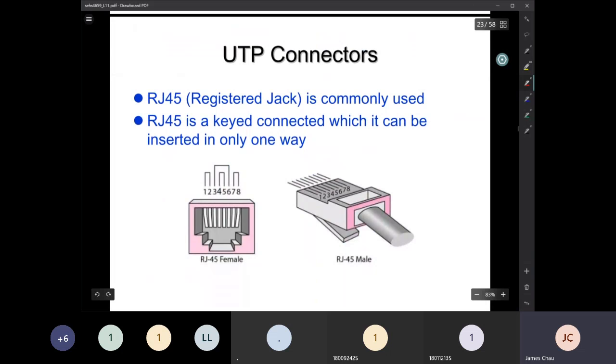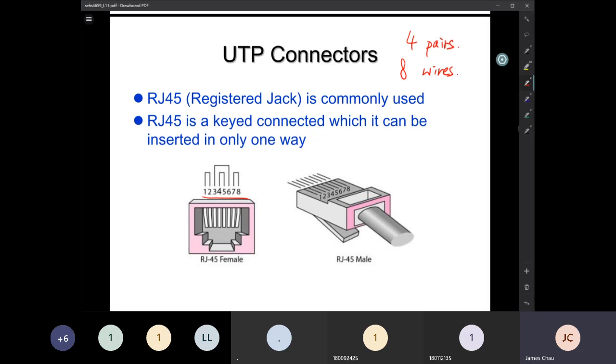Now for the UTP, nowadays we have 4 pairs of cables. Therefore, altogether we have 8 wires. And nowadays we are using the RJ45 jack, the registered jack. You can see it has 8 channels inside.